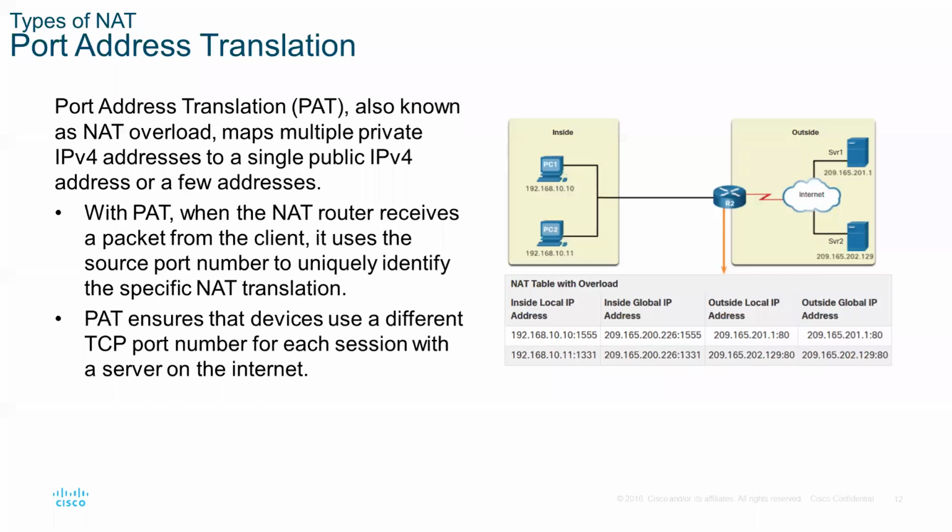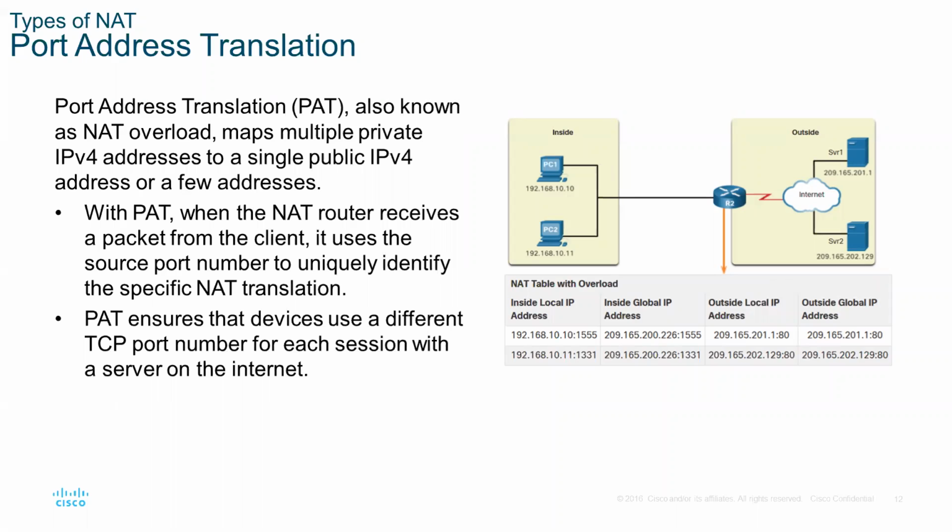This is where port address translation comes into play. This allows us to overload the network address translations by mapping each conversation to a distinct addressing by using different port numbers with the same global IP address.